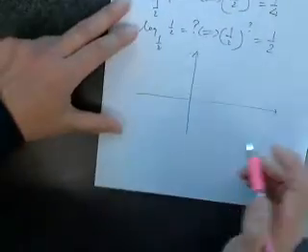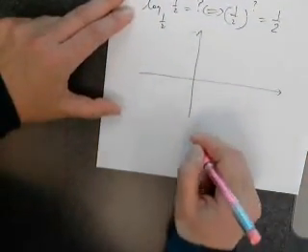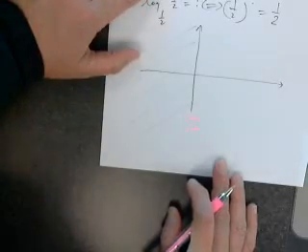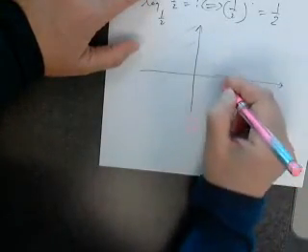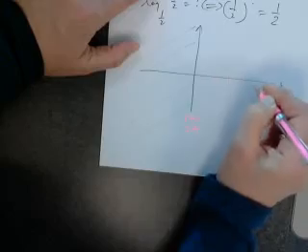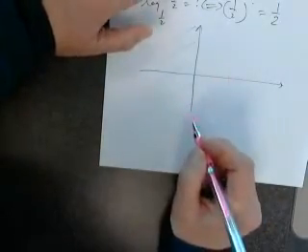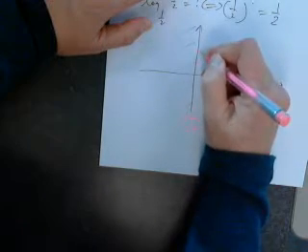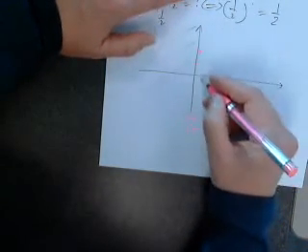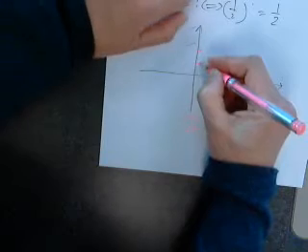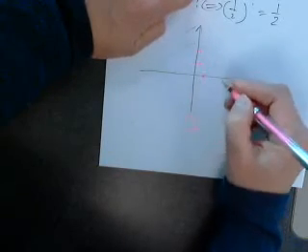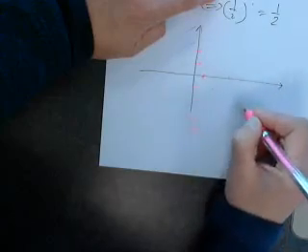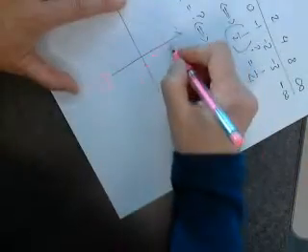And also here, x equals 0 is a VA because it goes to infinity. So 1/4, 2. 1/2, 1. 1 comma 0. 2 comma negative 1. 4 comma negative 2. And so on and so forth.